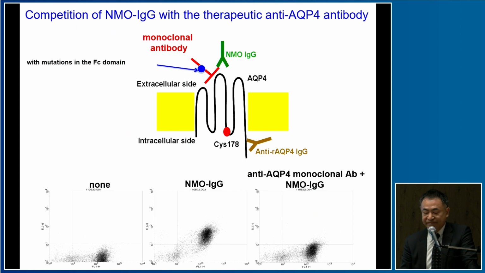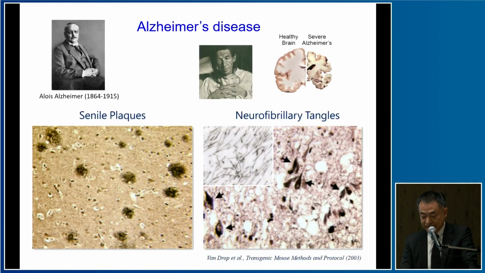Based on this observation, we are now developing a monoclonal antibody which has much higher affinity to aquaporin 4 compared to NMO-IgG, so we can get rid of NMO-IgG. We also have to introduce a mutation in the complement binding site of this therapeutic antibody. And now we are working on this.